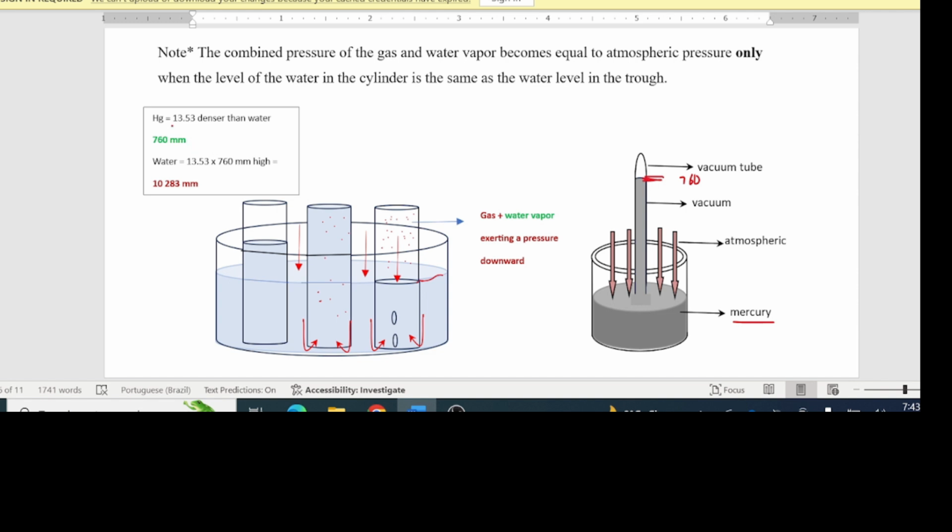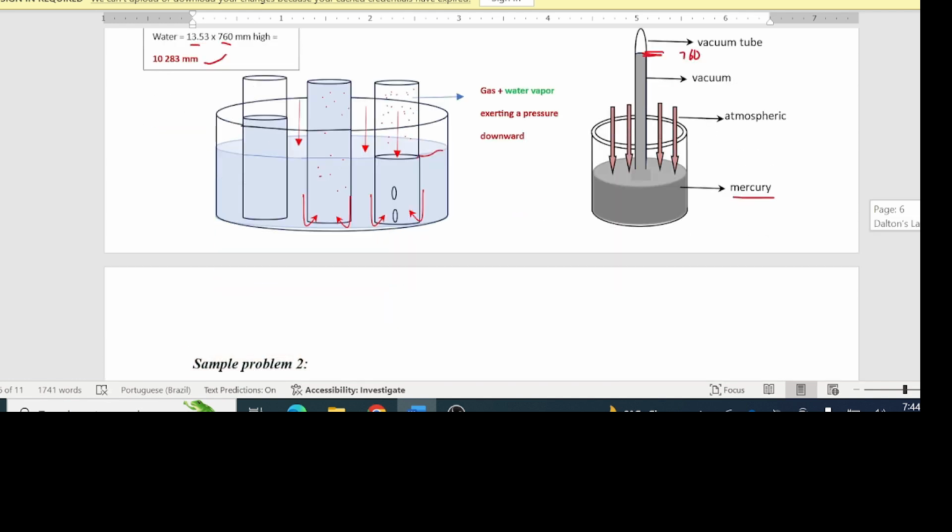Look at this. Mercury is approximately 13.5 times denser than water. So the atmosphere will be able to support a column of water all these times more than this, which will be equal to all of that. So if we have a cylinder and we fill it with water, the water will not go down unless it is higher than that, right?